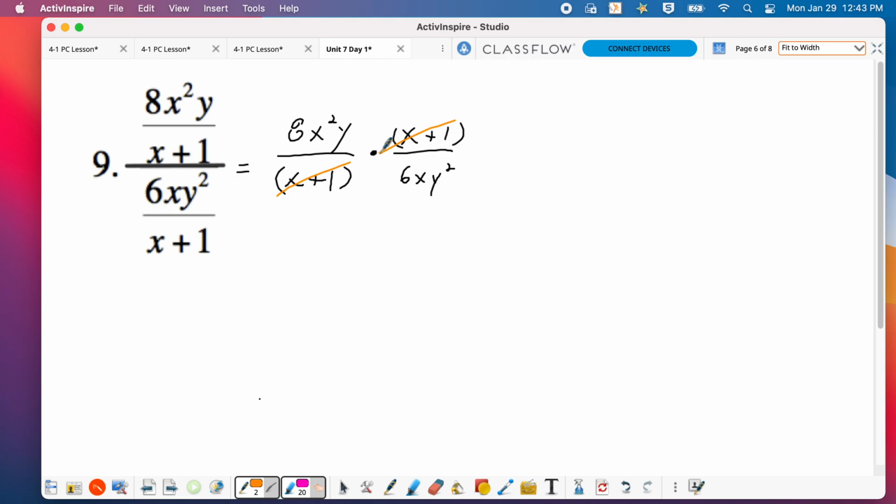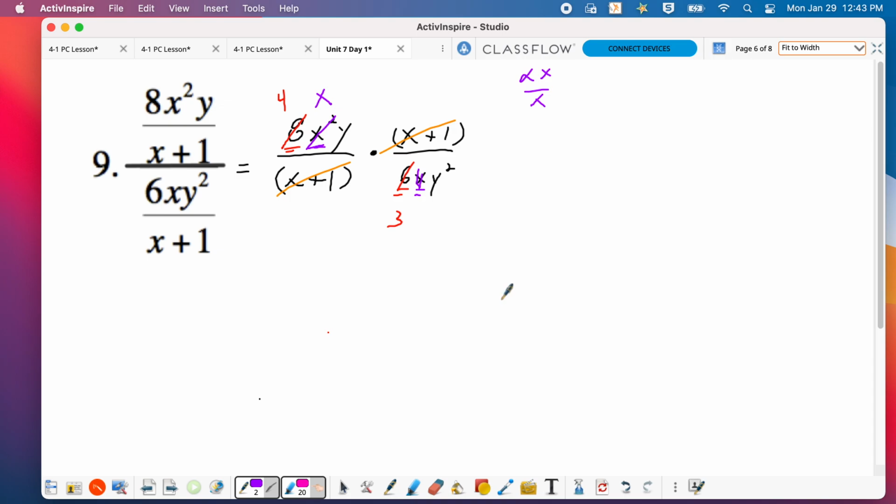Now I'm going to look at 8 and 6. I can take out a 2, leaving a 4 and a 3. Looking at the x's, x squared over x, so x over a single x cancels, leaving a single x on top.